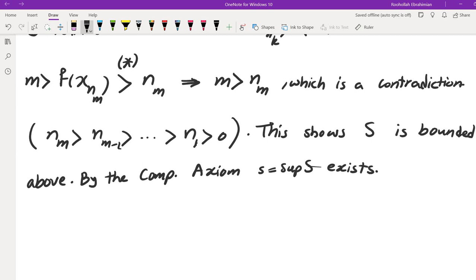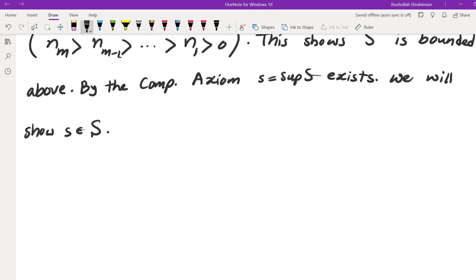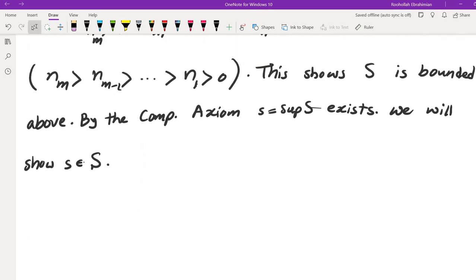It exists. Now that there's a supremum, we would have to show this supremum is in fact in the set. So we will show s is in fact in S. And if we show the supremum is in S, it means there is a maximum. Okay, so let's see how we can do that.